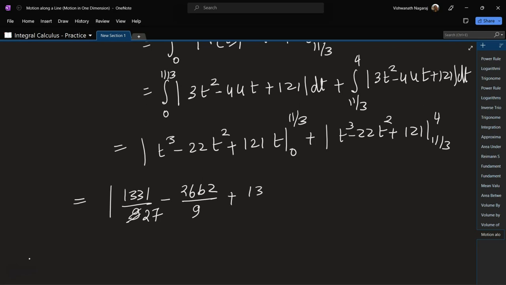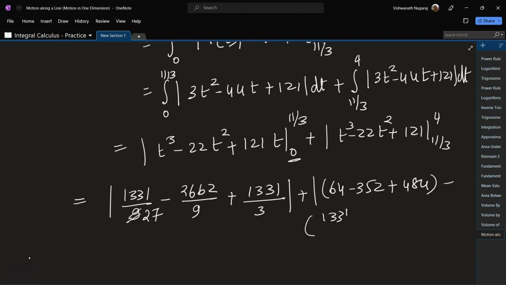Okay, plus 1331 by 3, and minus 0, plus, now we substitute 4 here, we get 64 minus 352 plus 484, minus, now we substitute 11 by 3, which we have already done once, so we can just copy it: 1331 by 27 minus 2662 by 9 plus 1331 by 3.